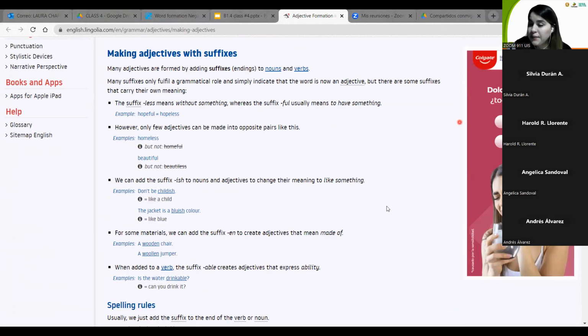Acevedo Cuevas Saray. Present, teacher. Okay. Albarracín Caballero Cristian. Here, teacher. Okay, very good. Álvarez Becerra Andrés. I'm here, teacher. Great. Ayala Viloria Joeli. Okay.